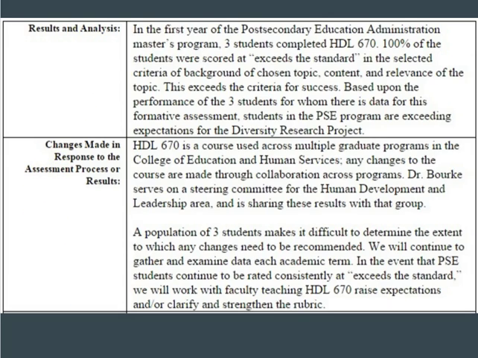But so far, based on the learning outcome related to diversity, at the formative level through the HDL 670 course, all of our students scored exceeds the standard on the chosen criteria that were most relevant from the rubric, most relevant to that learning outcome for the program.